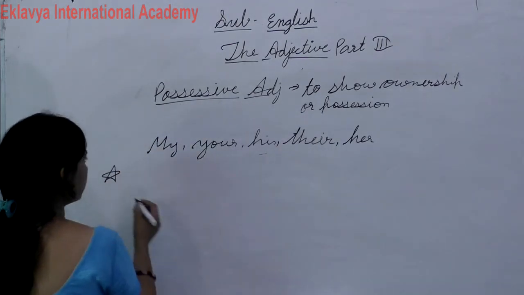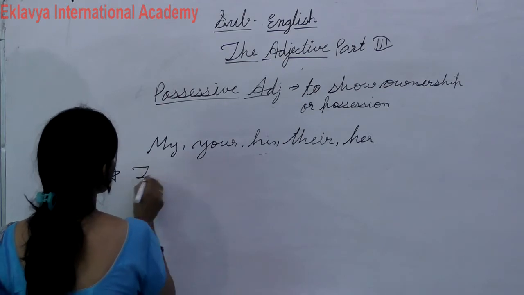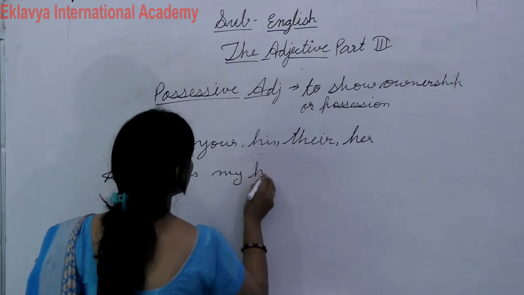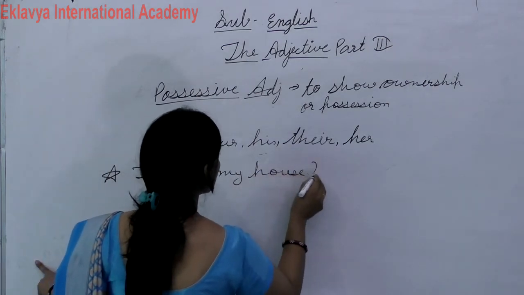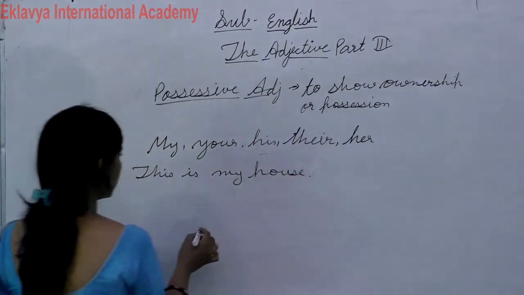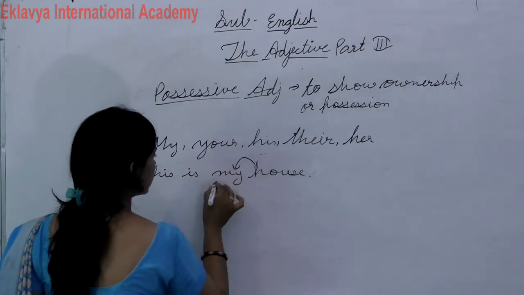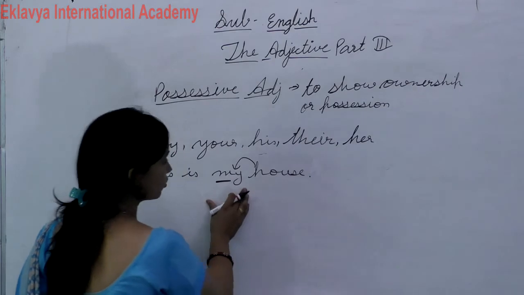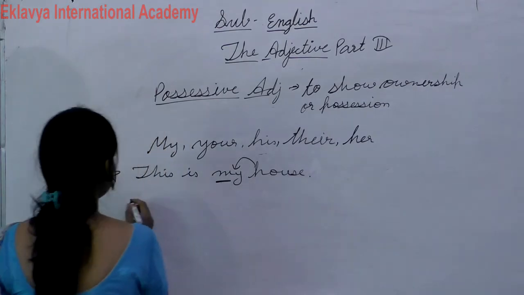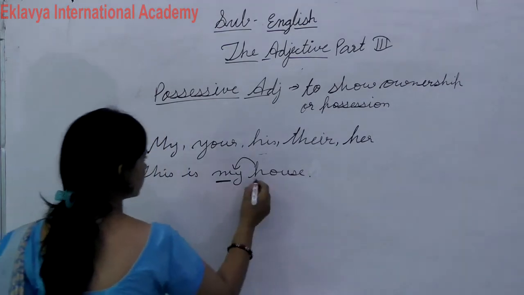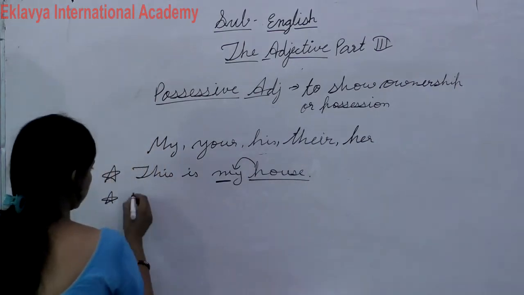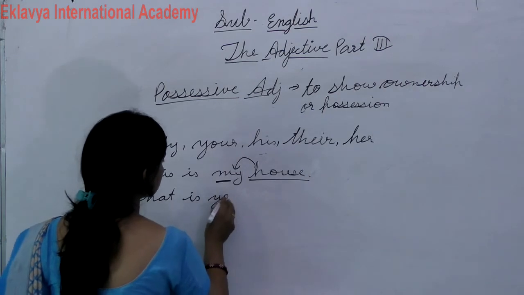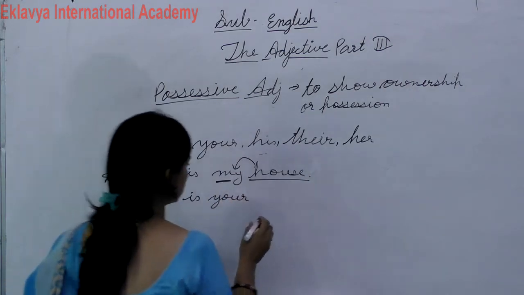So let's see by the examples. This is my house. So see here, my is being used to show possession on house. House is here a noun. And that is your book.